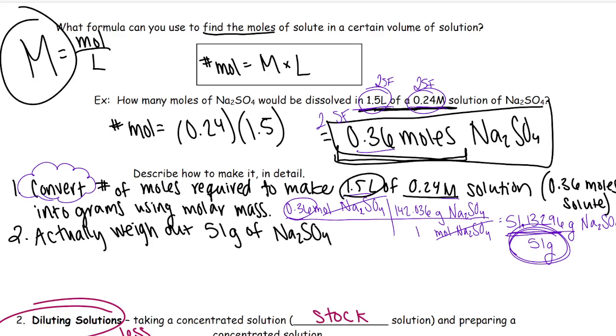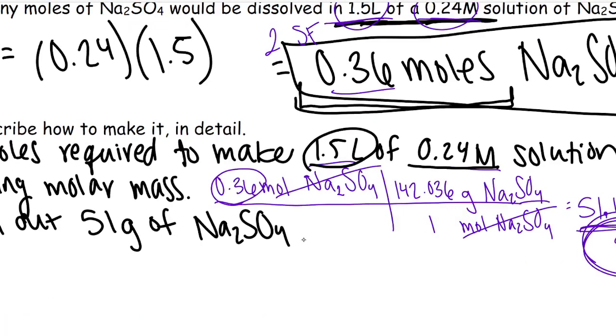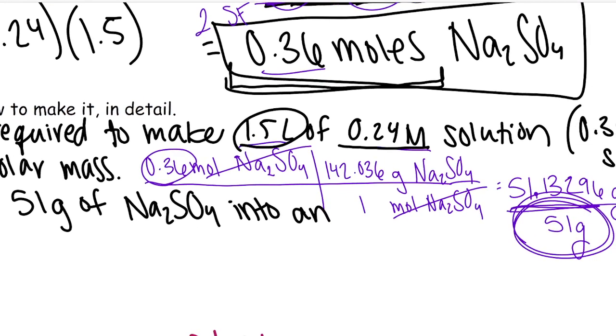If you wanted to be super over the top extra, you could describe like, get a beaker, put a beaker on the scale, press tare, take the solute, and then weigh out the 51 grams of sodium sulfate. Okay? So I weigh out that many grams of sodium sulfate into an empty beaker.